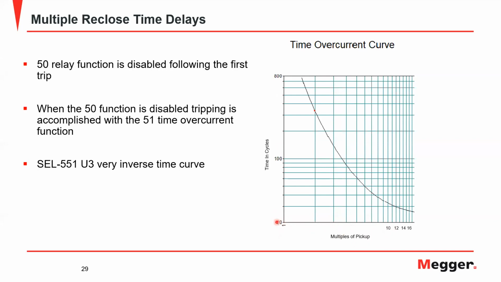So if we have a pickup set on 10, this becomes 2 times 10 for 20 amps, 3 times 10 for 30 amps, etc. As far as your predicted time goes, if this is 100, this is 800, that becomes 200, 300, a little over 300 cycles to trip. This is based on a Schweitzer 551 U3 very inverse time curve.